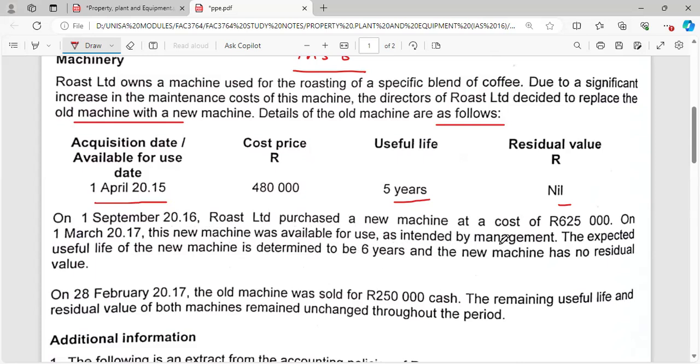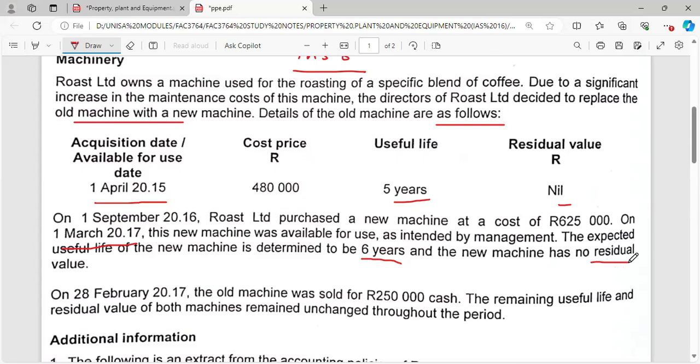I think let's quickly calculate the carrying amount of the new machine. So in the new machine, what you look at is it was brought into use on 1 March 2017. Don't mind about when they purchased it. They brought it into use on 1 March 2017. So which means it starts to depreciate here when it was available for use. Then you should also look at the expected useful life of the machine to calculate your depreciation.